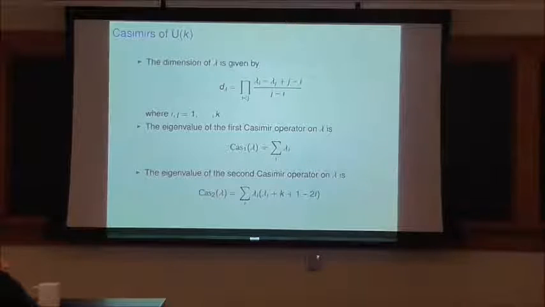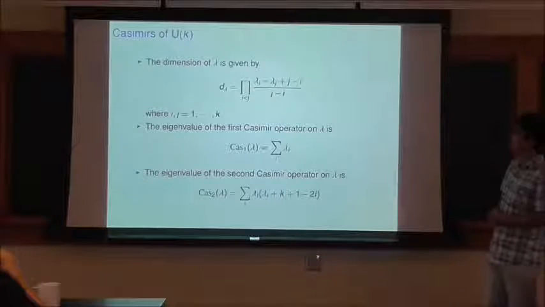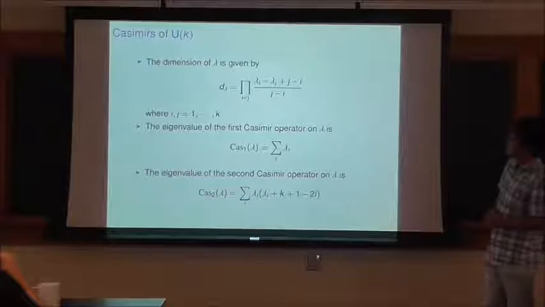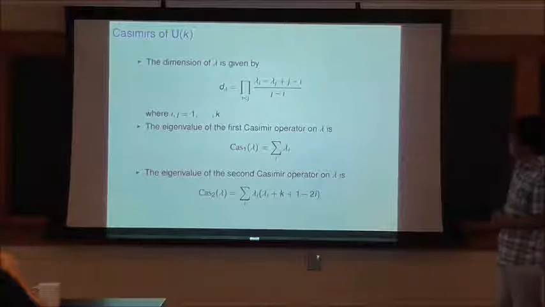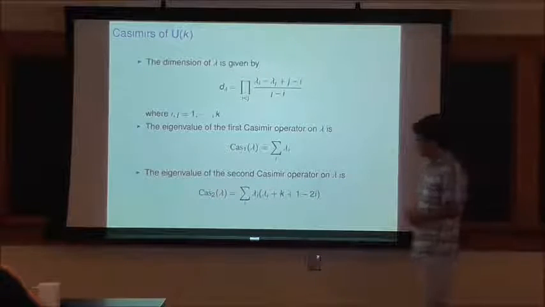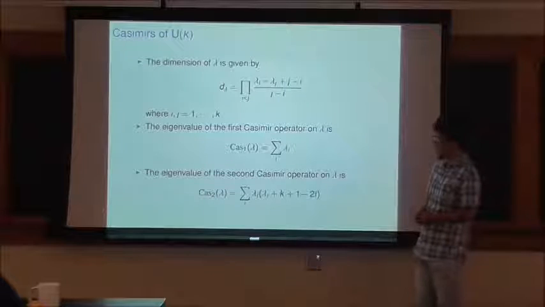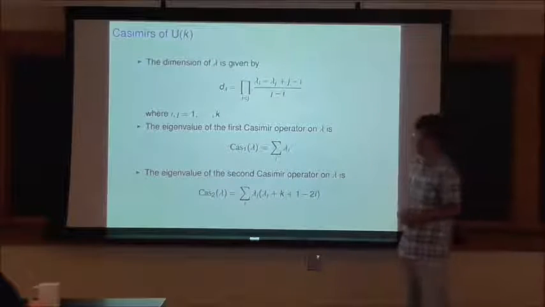And there are formulas that people developed to compute a bunch of quantities. For example, the dimension of a given irreducible representation of UK with highest weight lambda can be given by this formula. And also, for our purposes, we're going to have to look for anomaly-free gauge theories.